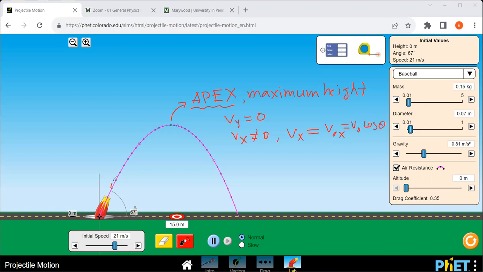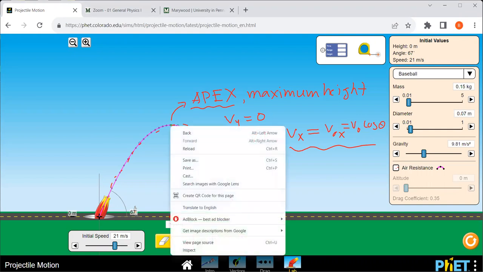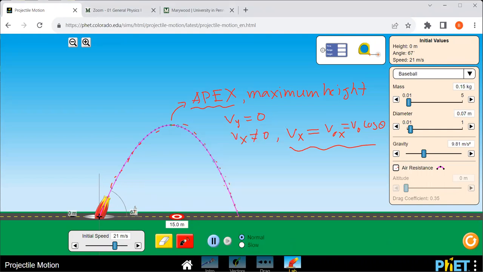So at each point here, Vx is equal to the initial velocity, when there is no air resistance. So at apex or at maximum height, the y velocity equal to 0, similar to the free fall problem.